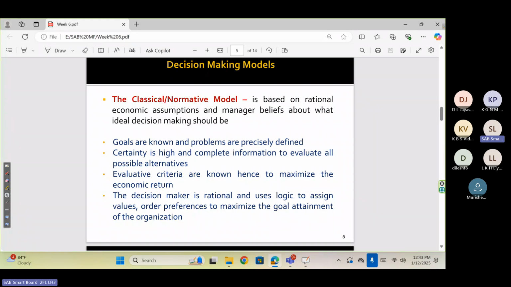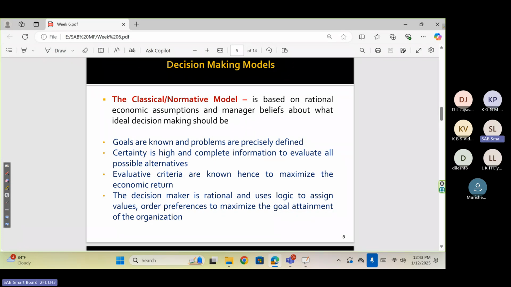Here the decision maker can be very rational, with full logic to assign values, order preferences and maximize the goal or many goals. These are highly seen in programmed, operational level decisions.